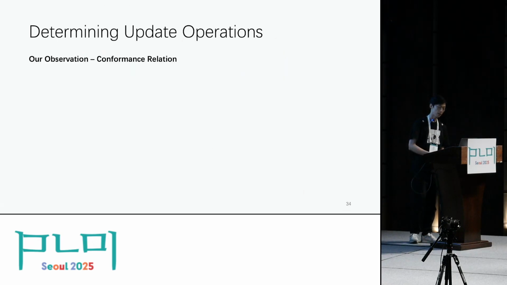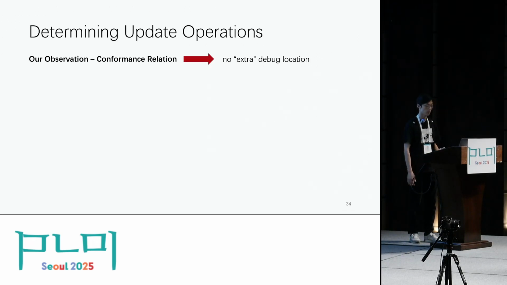After identifying the source and destination instructions, the second challenge is to determine the appropriate update operations for them. To tackle this challenge, our observation is that the debug location updated in an optimized program and its unoptimized counterpart should satisfy a conformance relation, which requires no extra debug location appears on control flow paths in the optimized program.